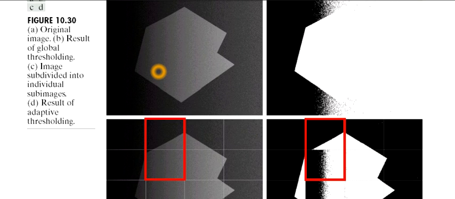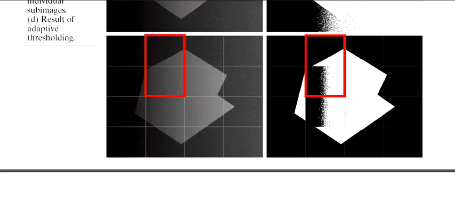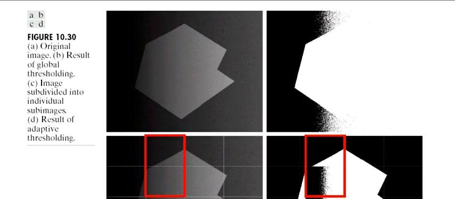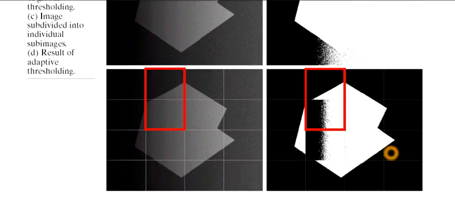But when we apply adaptive thresholding, on a block basis, where the image is divided into sub-blocks and for each block you apply the thresholding technique, then you obtain an image like this, and this is much clearer than this one. So that is the advantage of adaptive thresholding over global thresholding.